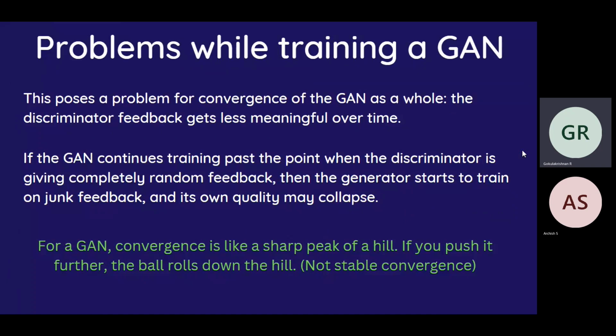So convergence is like a sharp peak of a hill in the case of a GAN. In neural networks, it's like a steeply increasing hill and it slows down after a while. But in a GAN, the peak is very sharp. As you run more and more epochs, you climb the hill and the model becomes better, but after you cross the peak, the model starts deteriorating.